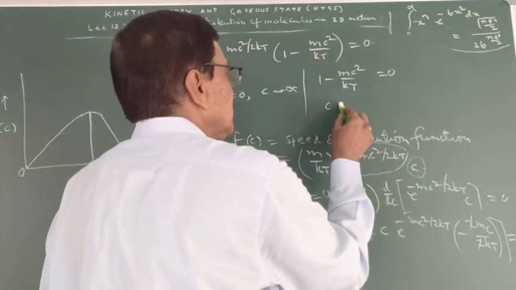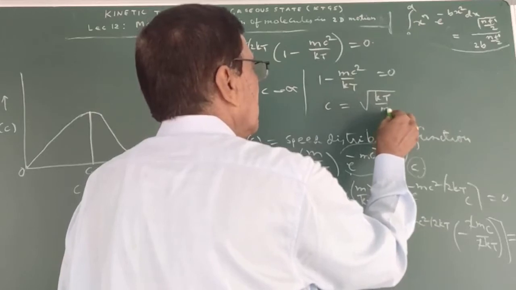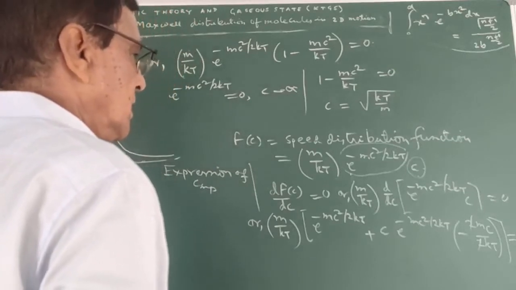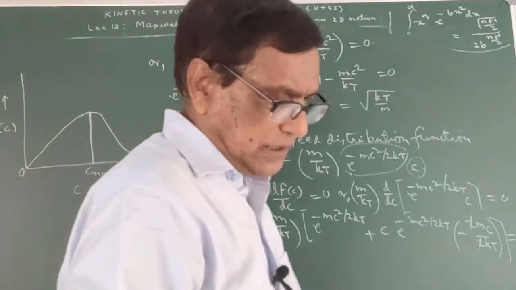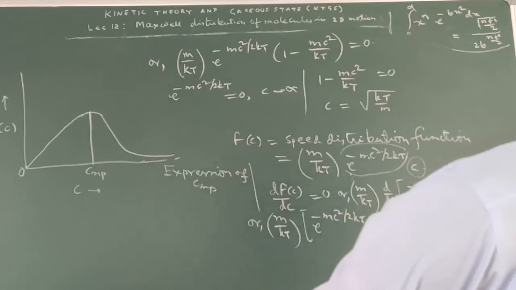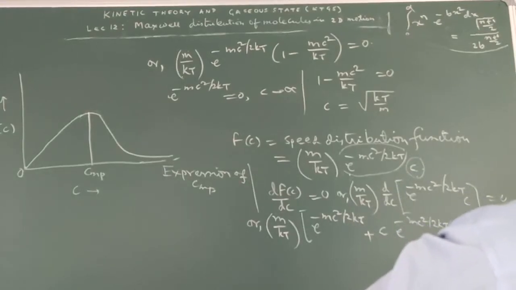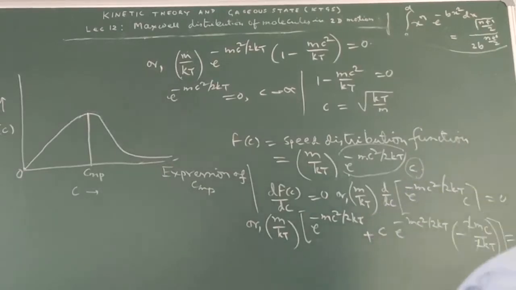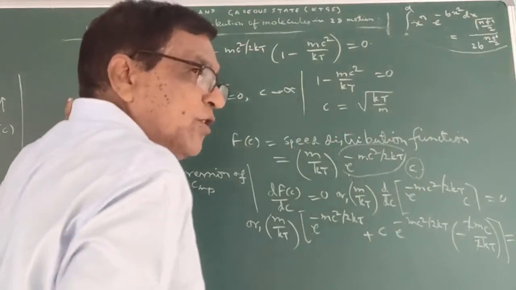So C equals root over kT by m. This corresponds to the maximum value of Fc.